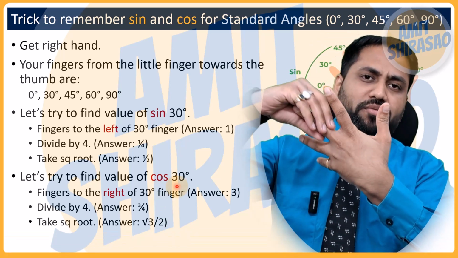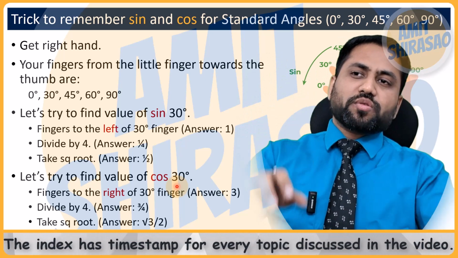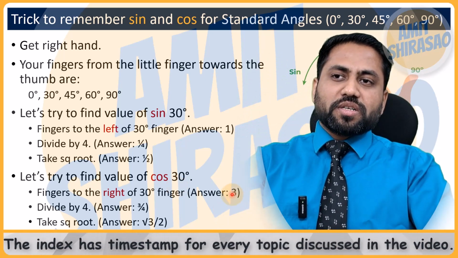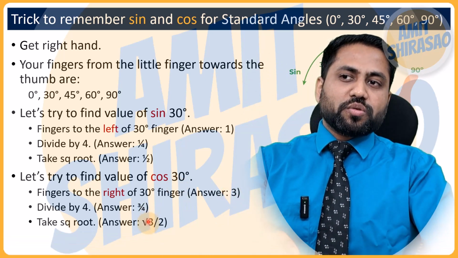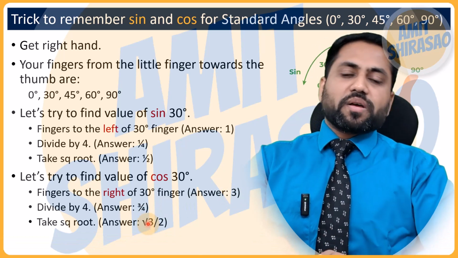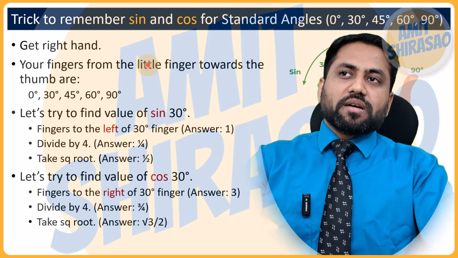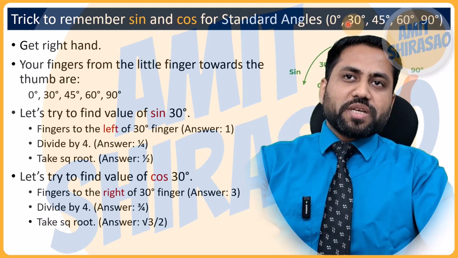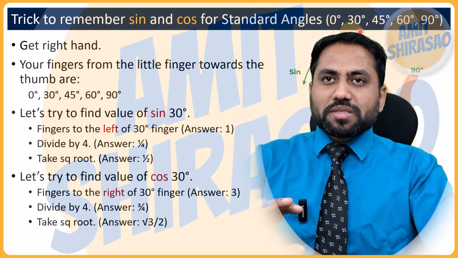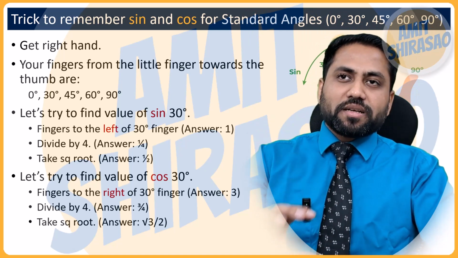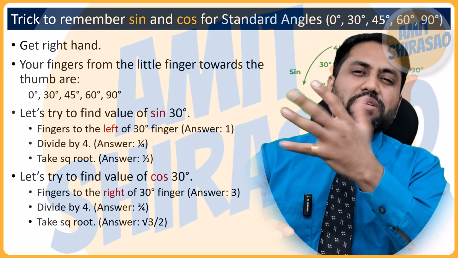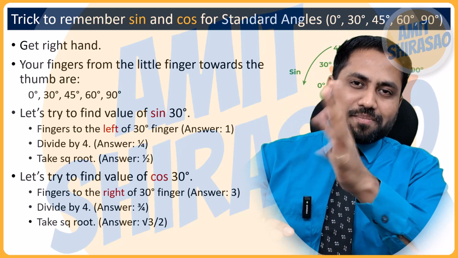Similarly, let us say 45, again 2 fingers are above, so this will be 2, divided by 4, so it will be 1 by 2, take the square root, so 1 by root 2. Got the idea? This is how you calculate sine and cos for the basic angles. Now this is possible because these basic angles, these standard angles are only 5. You have 5 fingers in your hand, that's why you can do that, right?